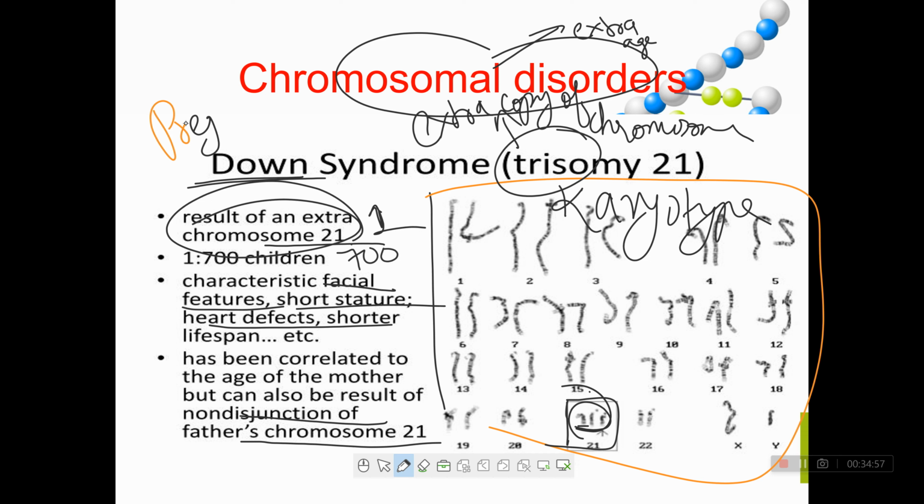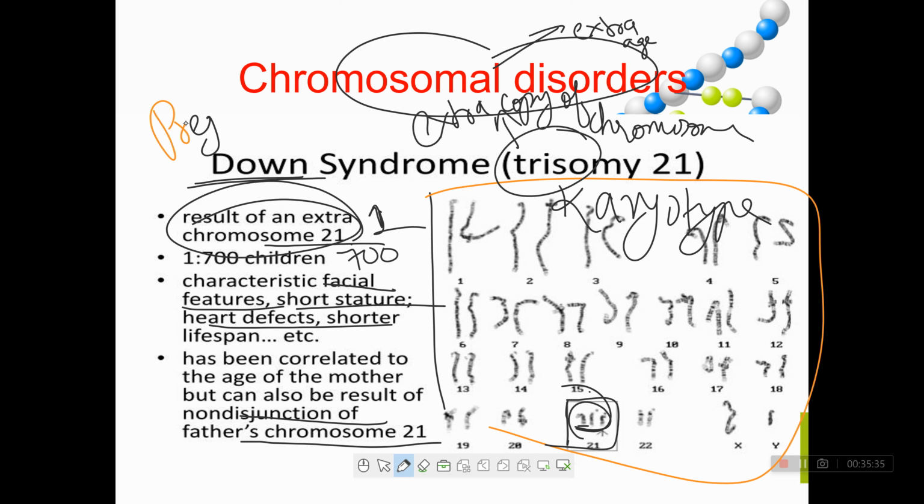During pregnancy after 40, non-disjunction takes place during meiosis, during the separation of the chromosomes in anaphase. So this is the reason why Down syndrome occurs.